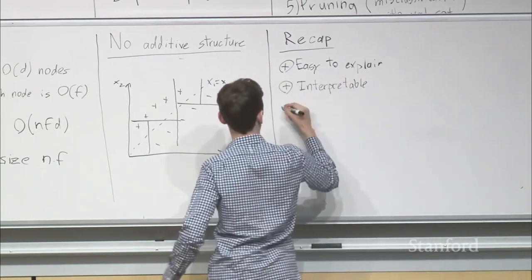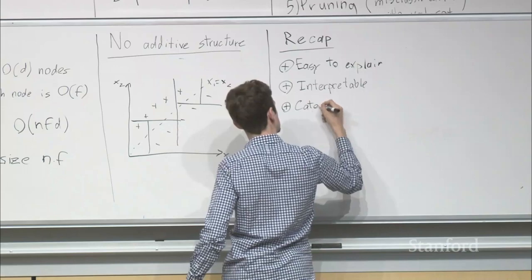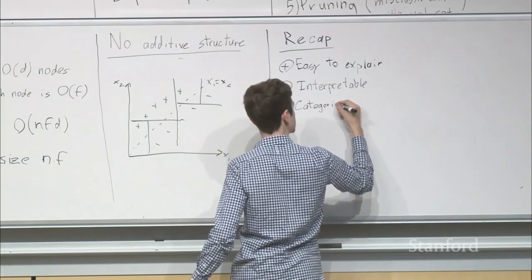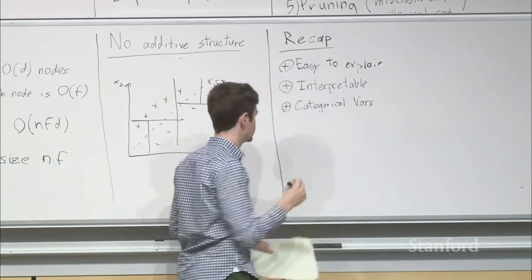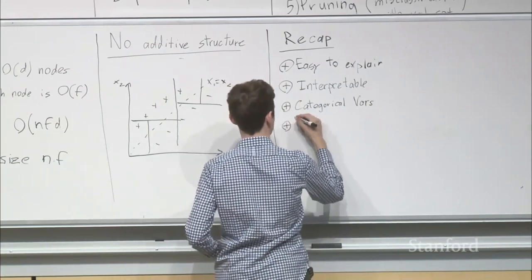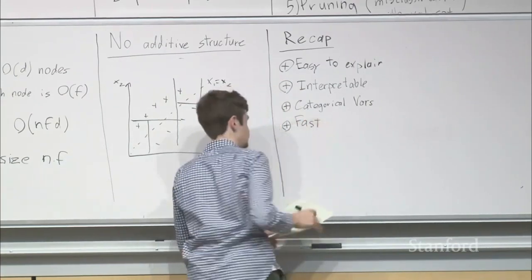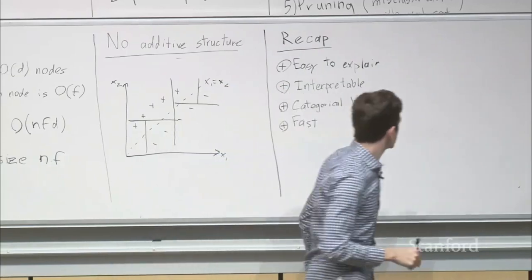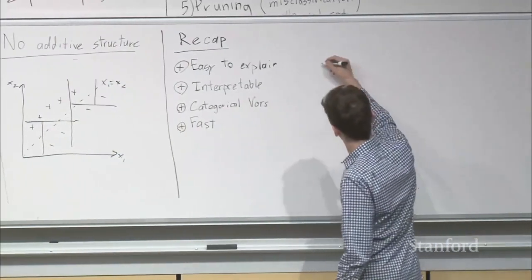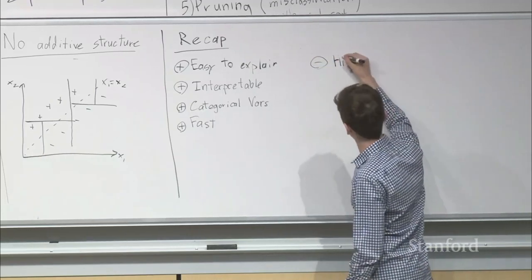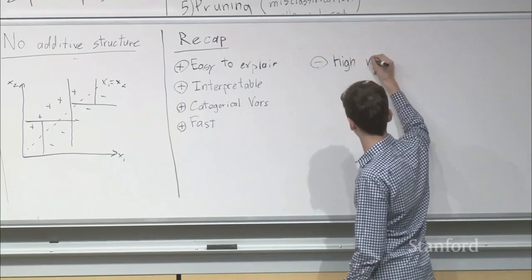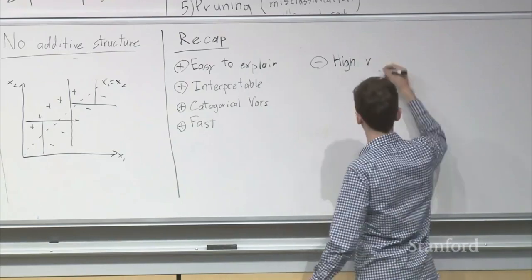It can deal with categorical variables. And it's generally pretty fast. However, on the negative side, one that I alluded to is that they're fairly high variance models, and so are often prone to overfitting your data.